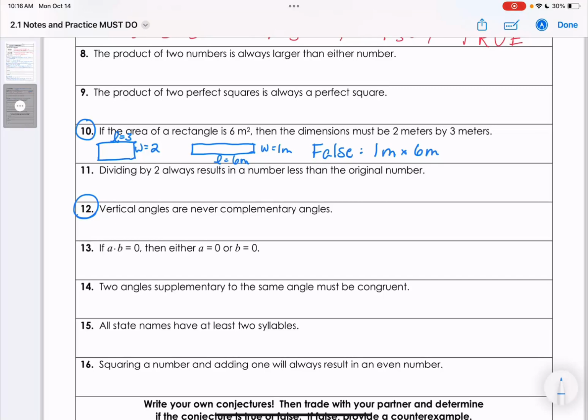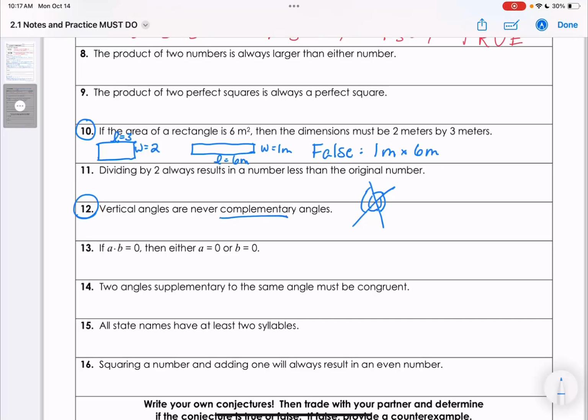Number 12, vertical angles are never complementary angles. So using your knowledge from last unit, vertical angles, remember, are across from each other. So that's a set of vertical angles, and then this is a set of vertical angles. Is there a case where they can be complementary?